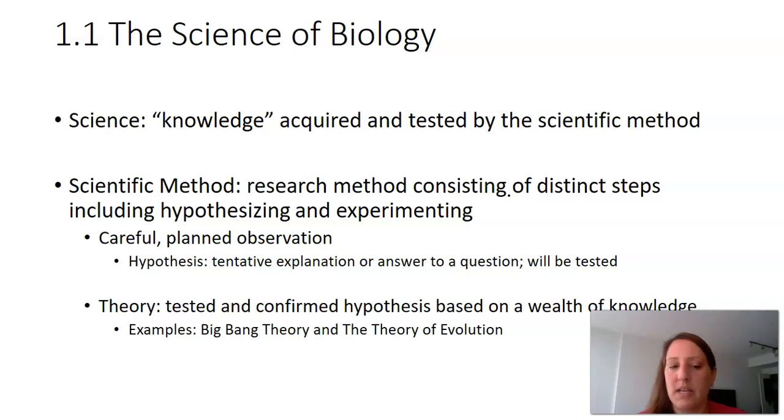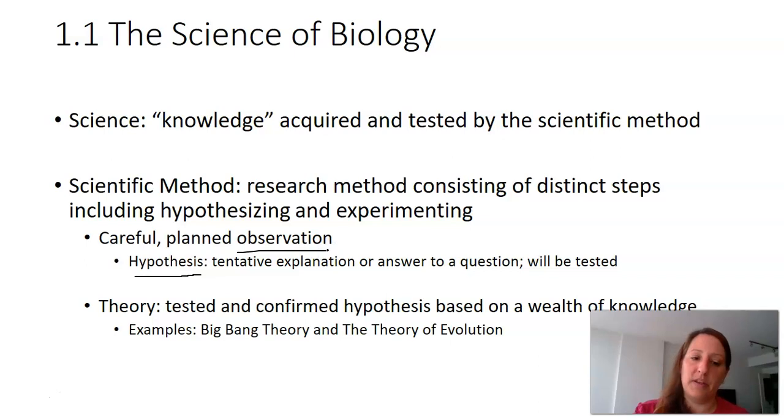So when you hear that term scientific method, this is a research method that scientists will use that consists of a series of distinct steps. And one of those initial steps is going to be hypothesizing, and then that's going to be followed by experimentation. So let's go over what a hypothesis is. Okay, a hypothesis is going to be formed based on observation.